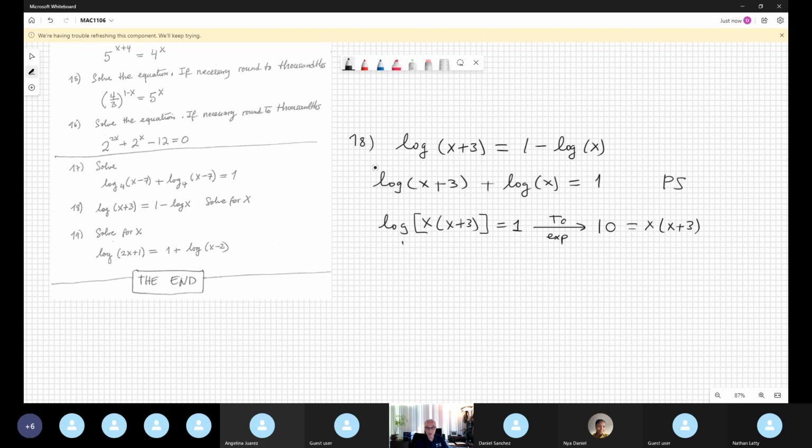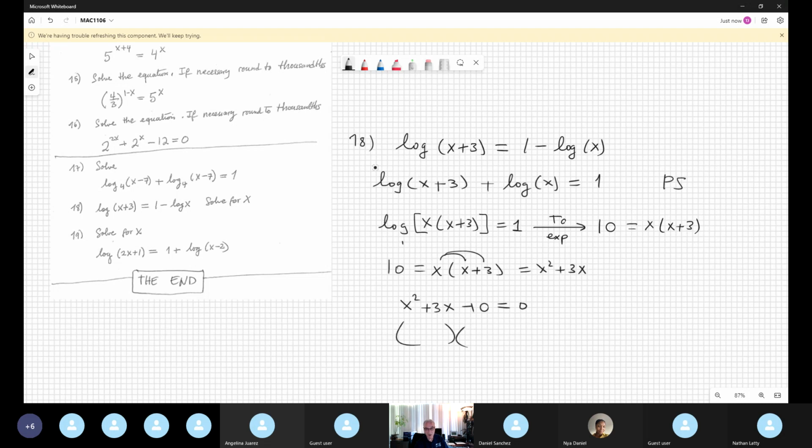Oh, easy equation. This equation, I suppose, is a quadratic equation. Let me copy again. 10 equal x times x plus 3. You apply distributive property. x squared plus 3x. So, quadratic equation. I put it in the standard form of the quadratic equation, which is x squared plus 3x minus 10 equal to 0.